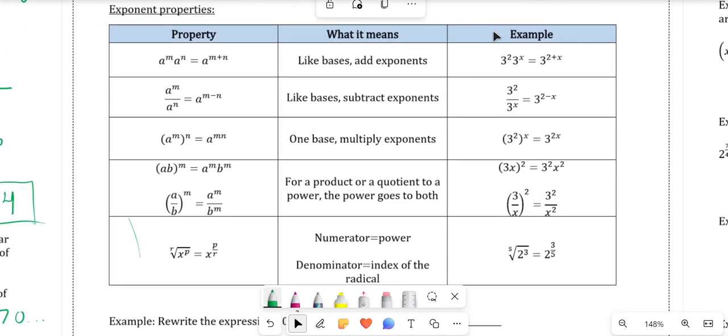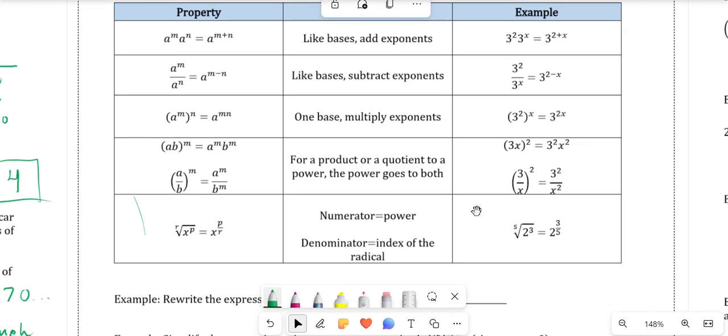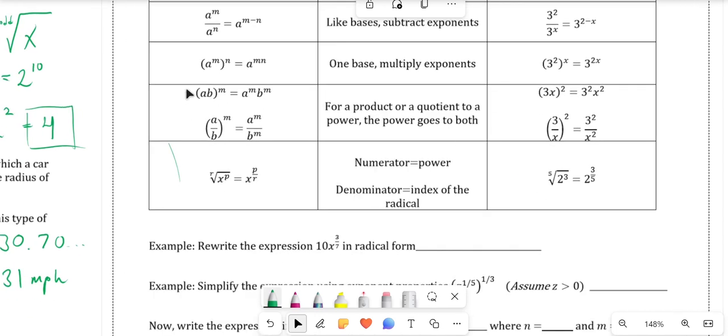This is a small review of the exponent properties. We looked at all these properties already, and the new property that we're going to be looking at, number 1, is basically just this last one here. I mean, we looked at distributing.